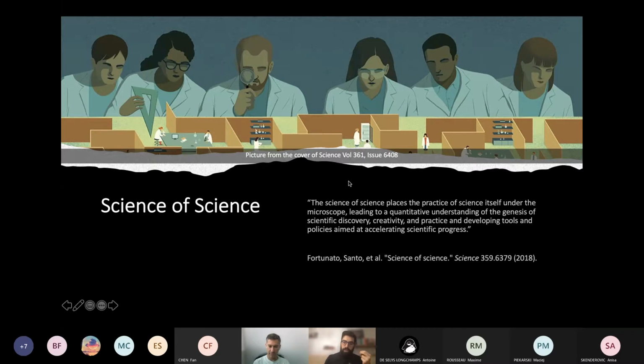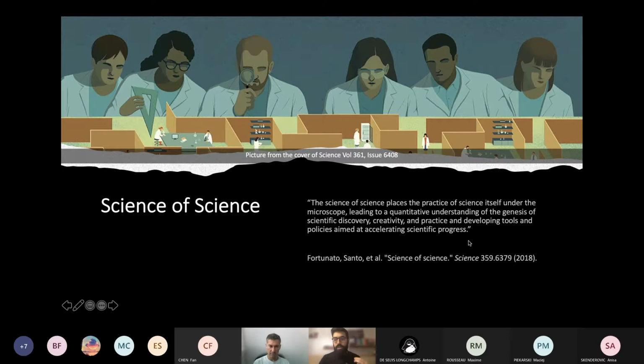And indeed, the definition that has been given by this paper is that the science of science places the practice of science itself under the microscope, leading to a quantitative understanding of the genesis of scientific discovery, creativity, and practice, and developing tools and policies aimed at accelerating scientific progress.